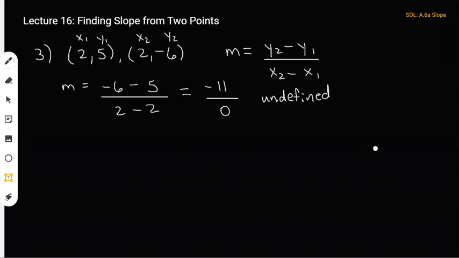Whenever you have an undefined slope, you're going to have a vertical line. And since a vertical line doesn't have a slope, we say that this is an undefined slope. That's just going to be a vertical line.